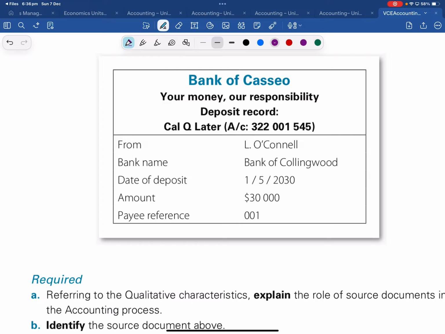EFT. Anything else? Account number is there. It's 2 banks, and account number. Two banks, interbank transaction. EFT.